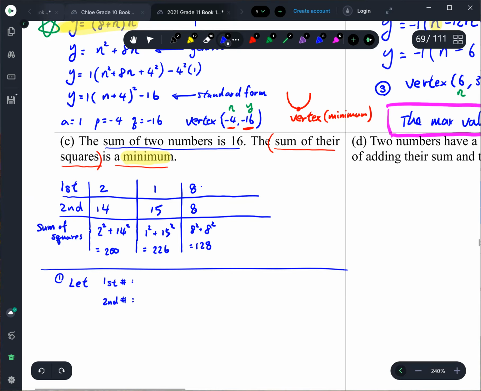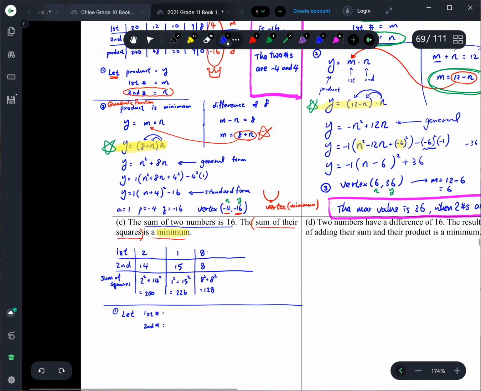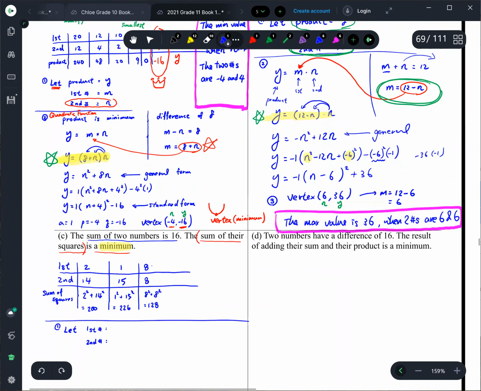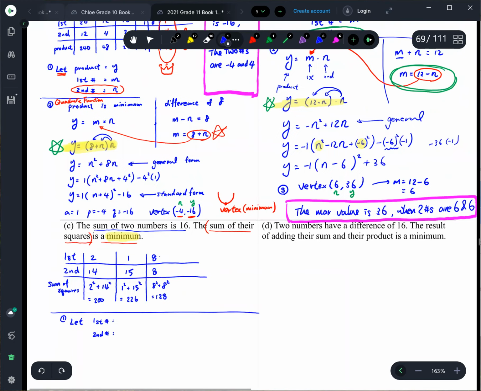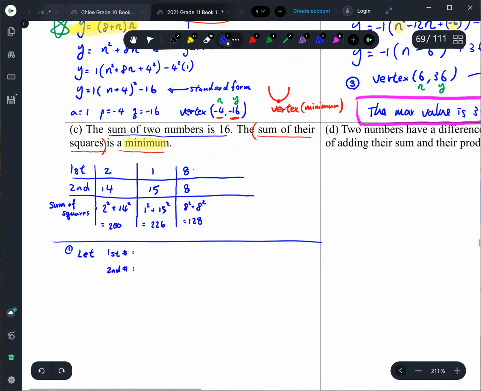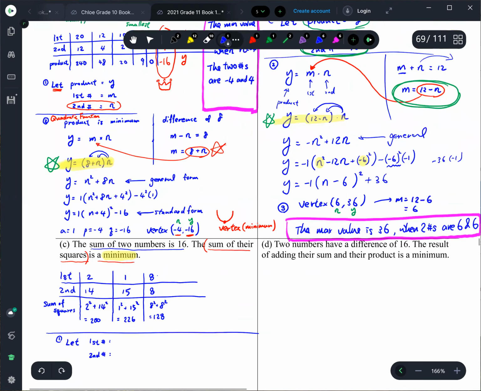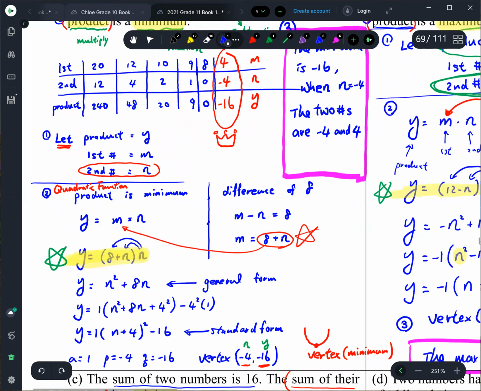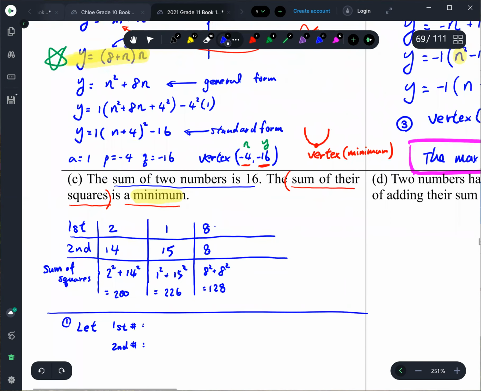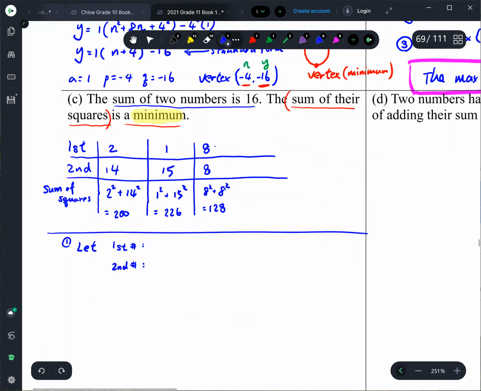And then we should compare with what we did before. Look at question A. Before, it was the product, and in the let statement we used product. This time it's not the product. This time it's the sum of the squares.